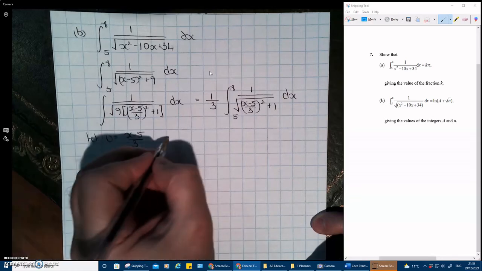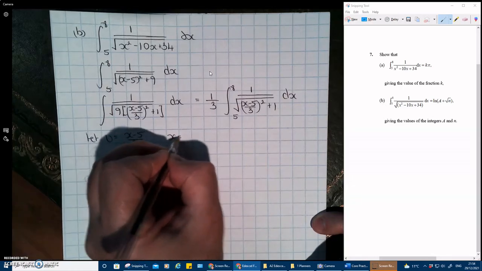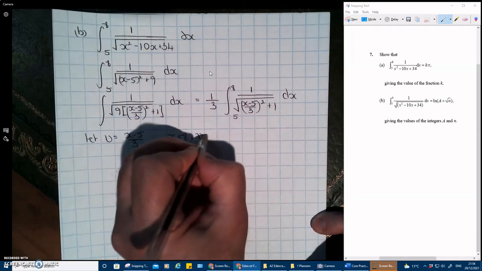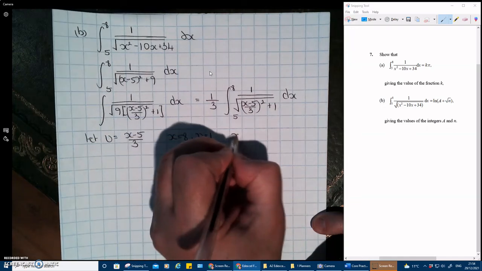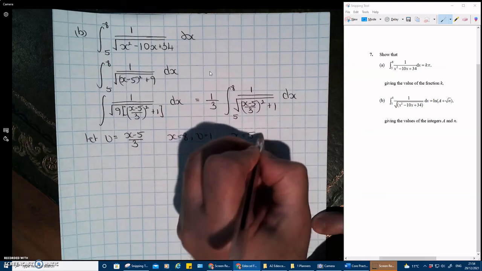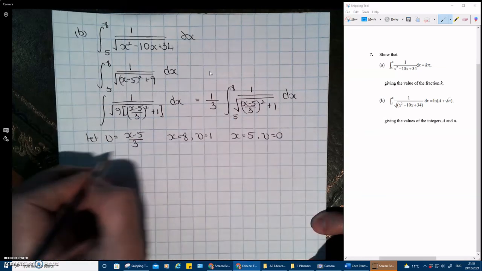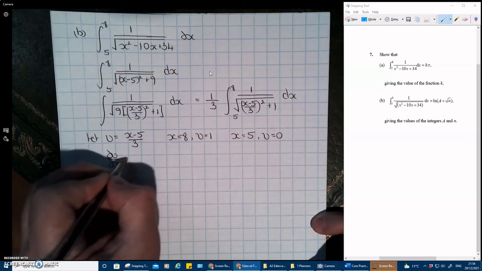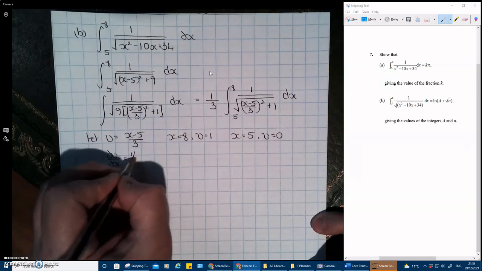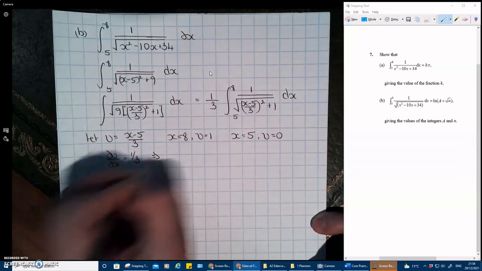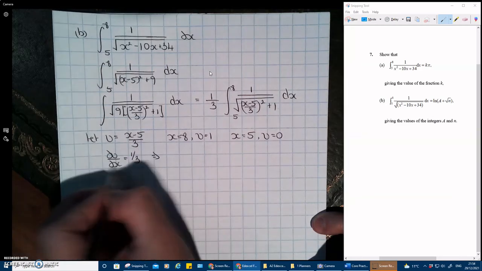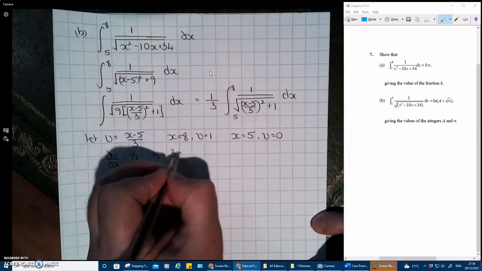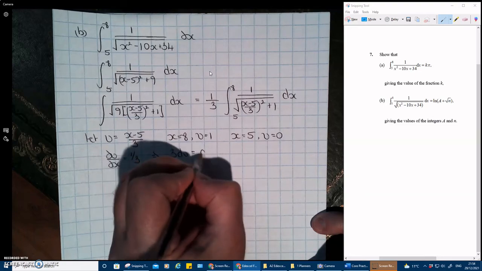The change of variable, same as last time: x equals 8, u equals 1, and x equals 5, u equals 0. I differentiate it. du by dx will equal a third, which implies, same as last time, 3 du replaces the dx.